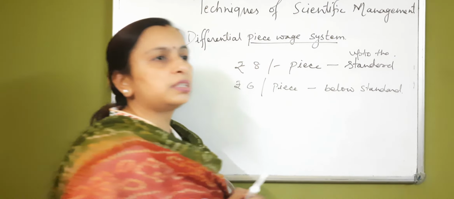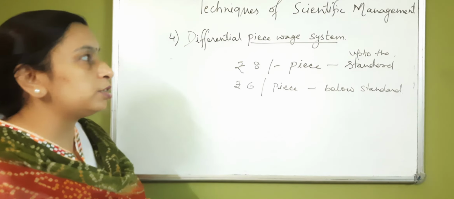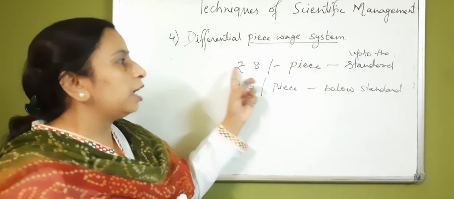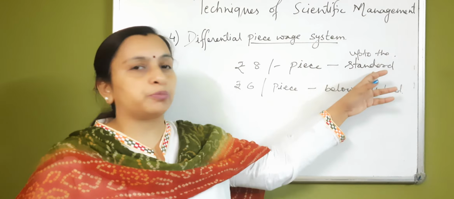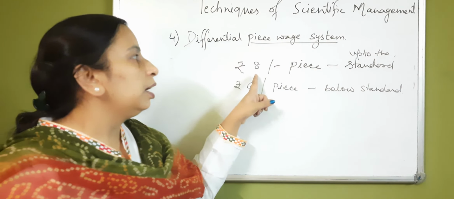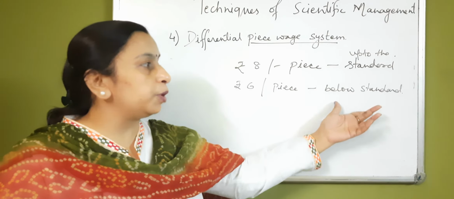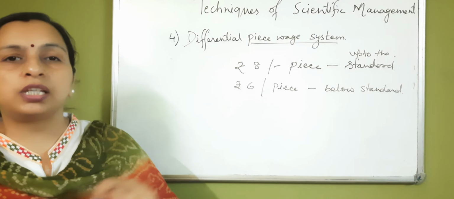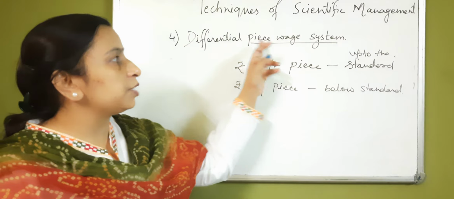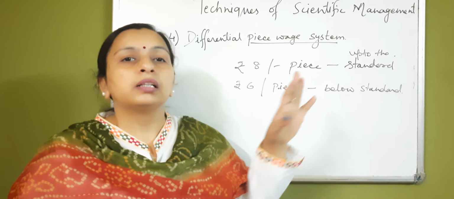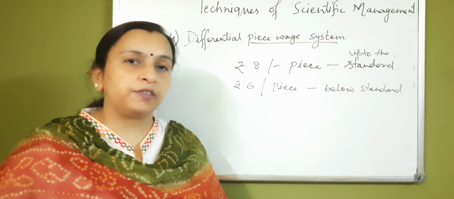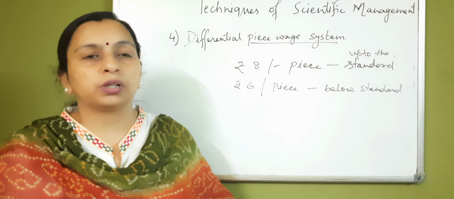Suppose this is the wage policy of the company: if a worker is manufacturing up to the standard or more than the standard, he will be paid 8 rupees per piece, and if the production is below standard, the worker will be paid 6 rupees per piece. So this is the differential piece wage system, where the company differentiates between efficient and inefficient workers.